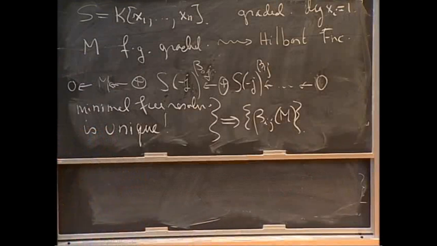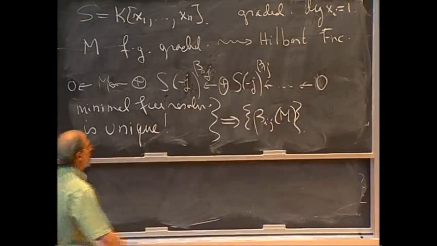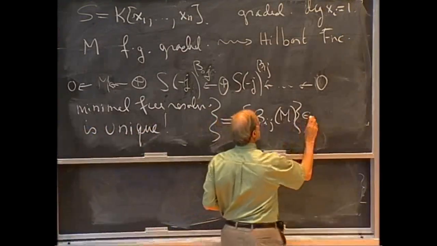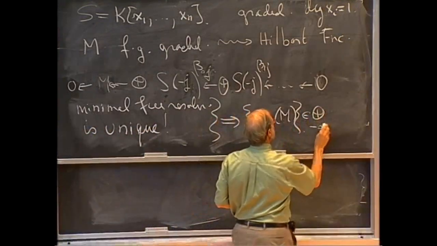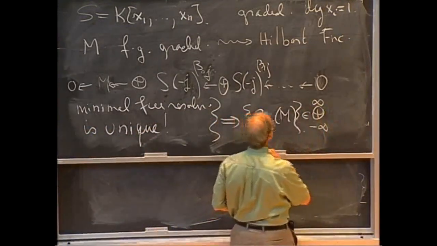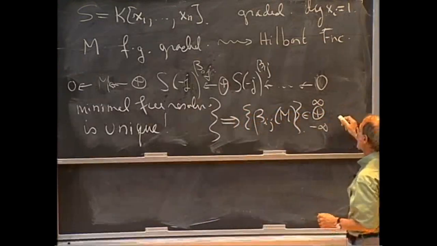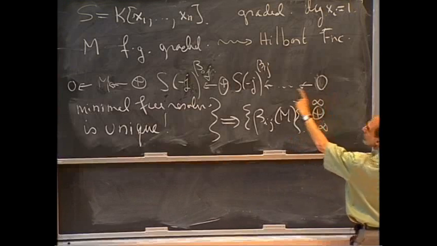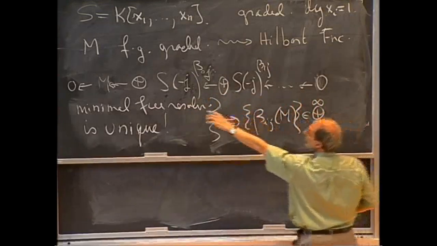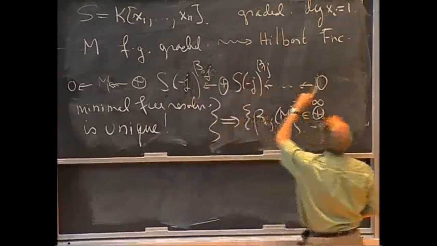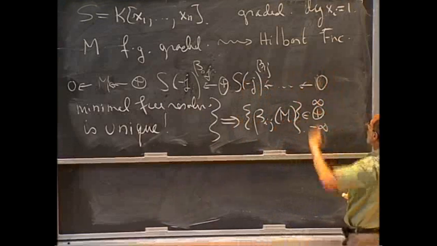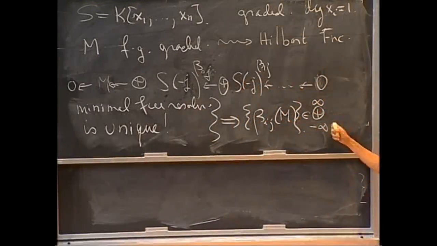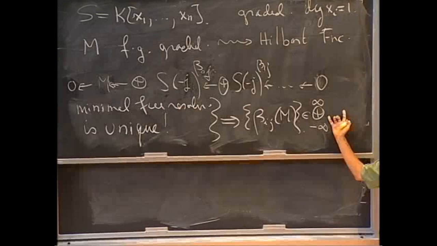What vector space do they live in? This invariant sits inside the direct sum from minus infinity to infinity over j of Z, or N, to the n plus 1, since you start with the 0th term and the last term will be the nth term. So it's a sum of Z to the n plus 1s.